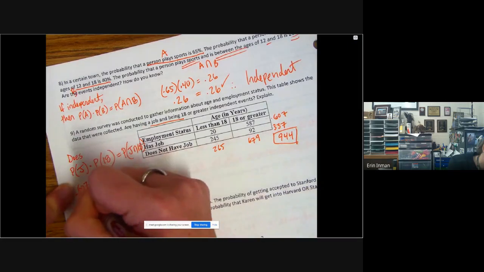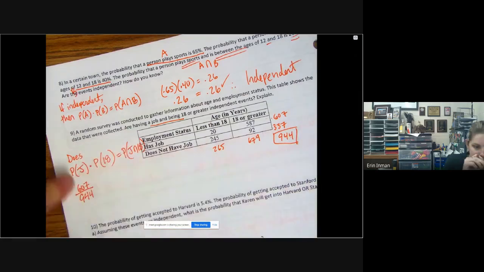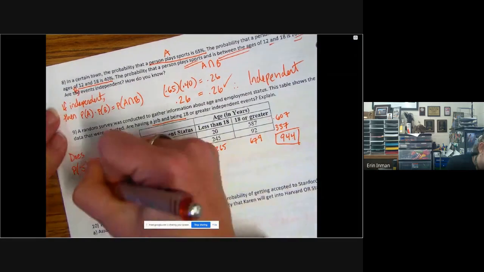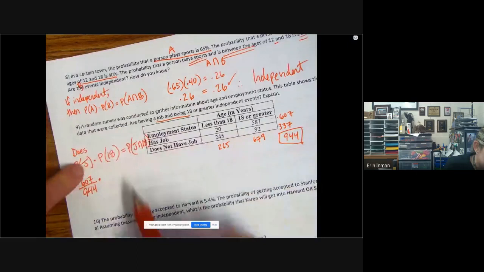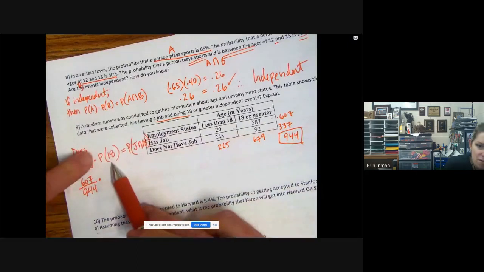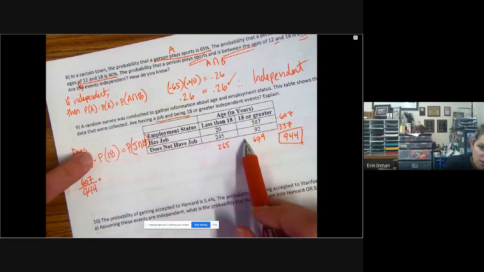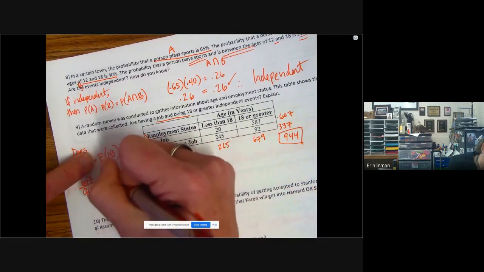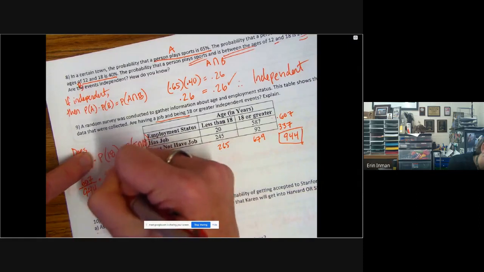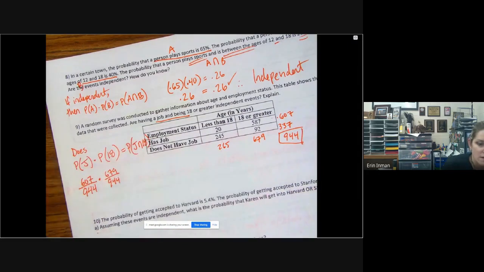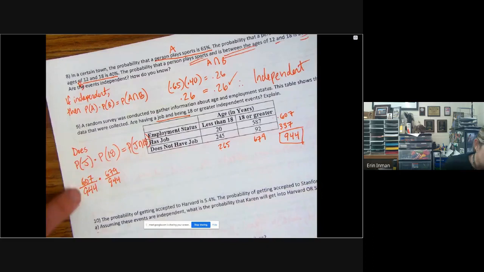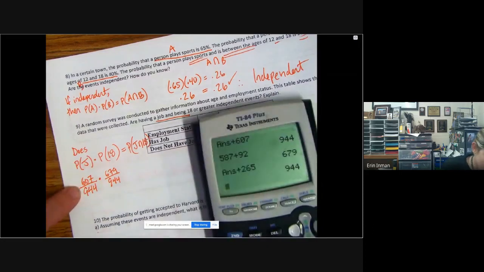All right. I might have to turn these into some decimals. Okay. And if I'm looking at this one, probability of them being 18 or greater, so that's 679 out of 944. All right, let's see what that is. The calculator is definitely coming in handy.